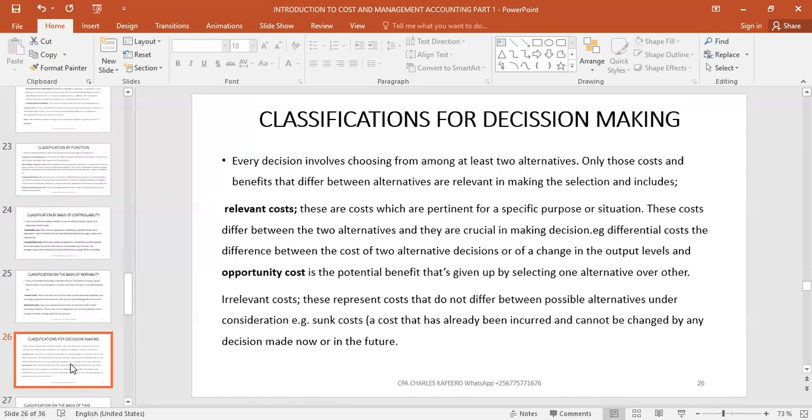So we may incur certain costs because we wanted to do a project appraisal, to determine the net worth of certain projects before investing our money. By doing so, there are costs which we incur, and they will help us make a decision.